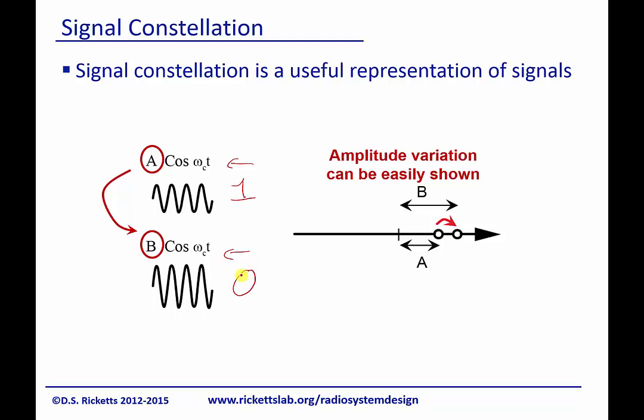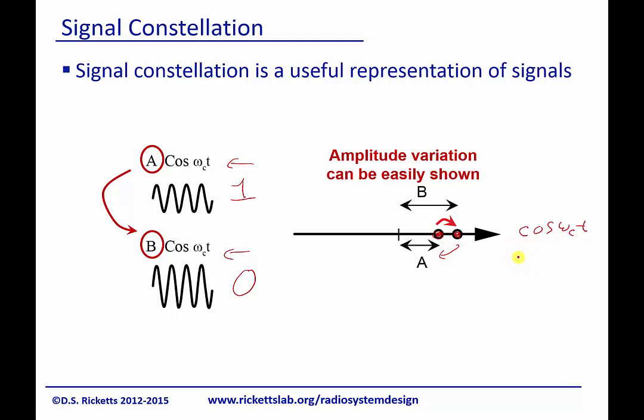It's going to be convenient to do this graphically. We take an axis, which I'll call the cosine omega_c t axis, showing one amplitude here and the other amplitude here, and the constellation goes back and forth between these two.